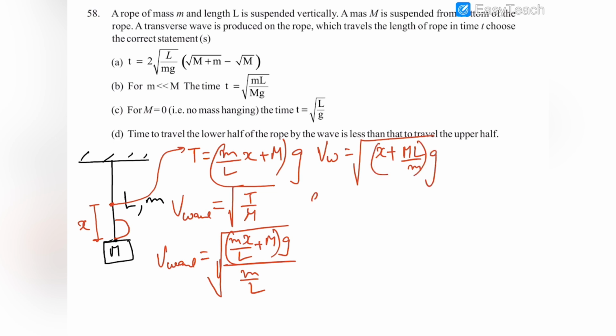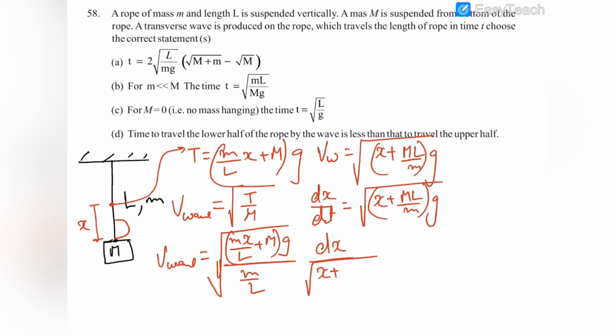Now v wave can be written as dx by dt, and it is equal to under root of x plus ml by m into g. You can write it as dx upon under root of x plus ml by m into g, and it is equal to dt.